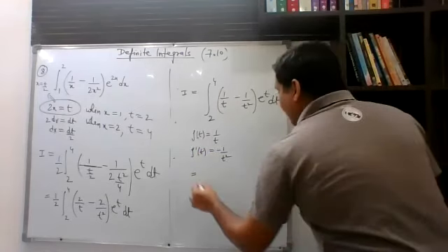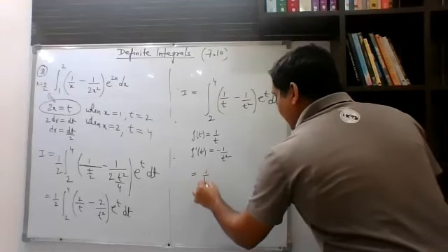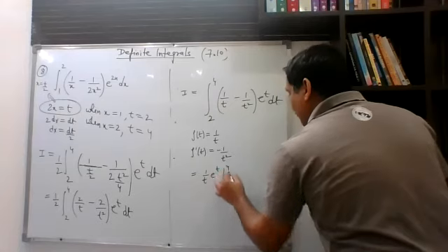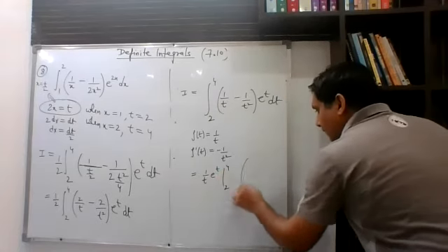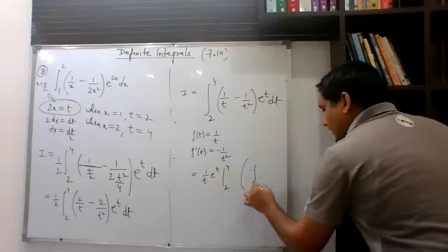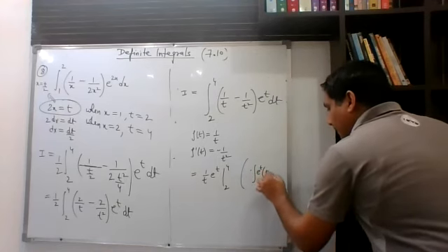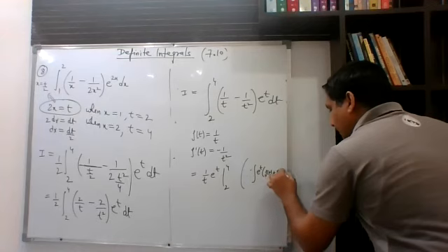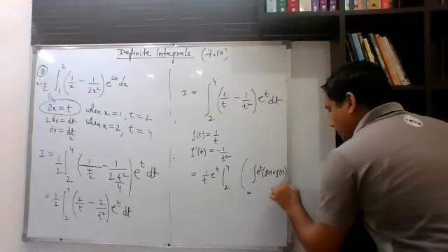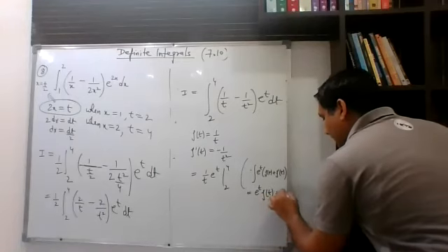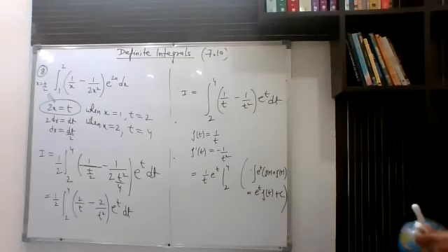So straight away you can write your answer as (1/t) e^t, limits running from 2 to 4. Here I am utilizing that form: the integral of e^t (f(t) + f'(t)) is equal to e^t f(t) + c.